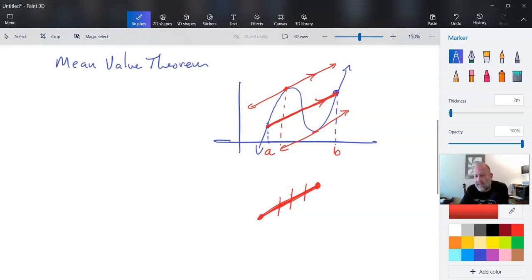So just to restate this: if you find the slope between the endpoints, somewhere between those endpoints there's another point that has that same slope. That's what it says.